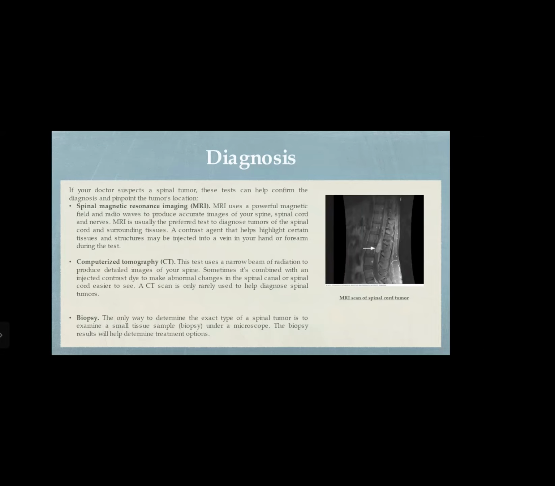The only way to determine the exact type of spinal tumor is to examine a small tissue sample, that is a biopsy, under a microscope. The biopsy result will help determine treatment options. In the figure beside, we can see the MRI scan of the spinal cord. In the figure, we can see the tumor, which is shown by the arrow.